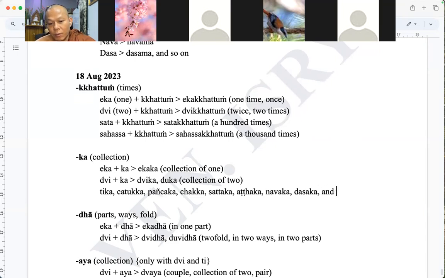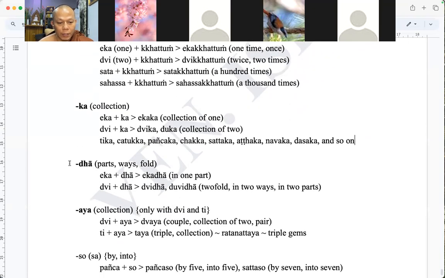So and so on. So many ways can be. So dha also actually tidha, catudha.